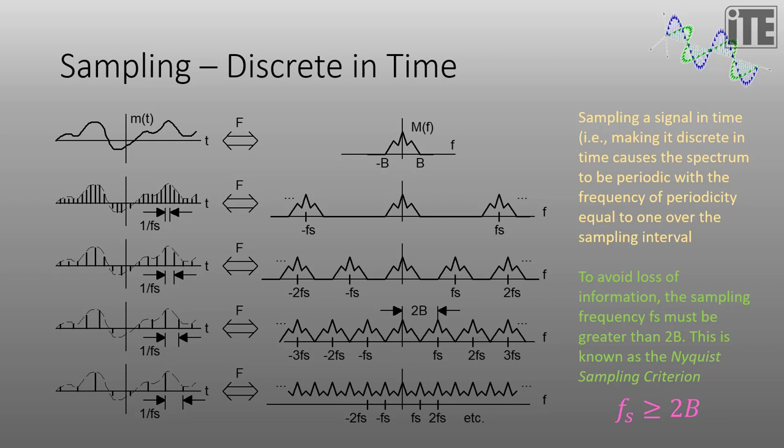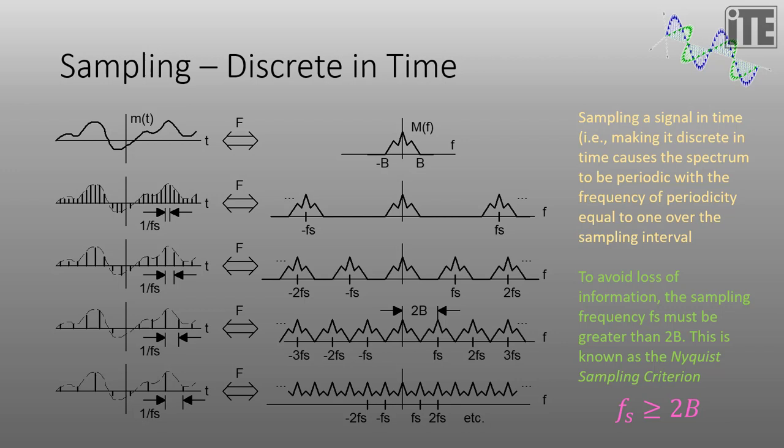And if we make the sampling frequency lower, or the sampling interval larger, you'll see that the effect of this is that the repeats of the spectrum get closer together. And there's a limit to which we can continue to make that lower. The limit was found by a fellow called Nyquist, and so it's known as the Nyquist sampling criterion.